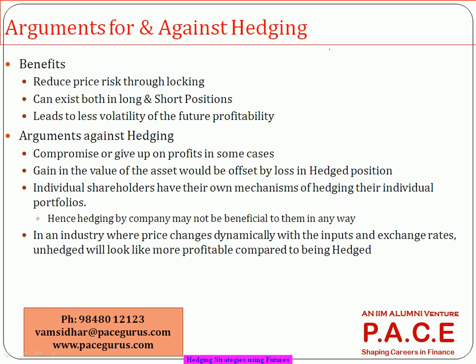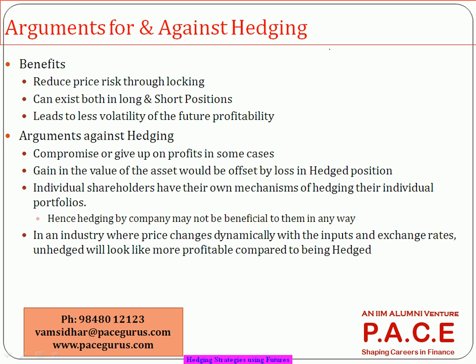So, the hedging benefits we have been discussing at decent length: it reduces the price uncertainty. It is locking the price. We are locking today the price of a transaction which is bound to happen after 1 month, and I can do that in either a long position or a short position.